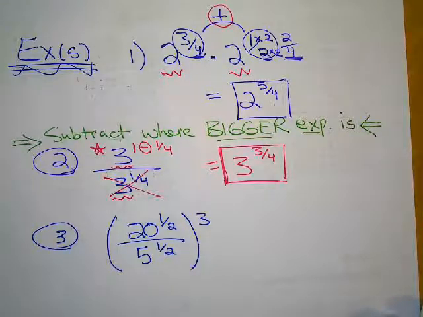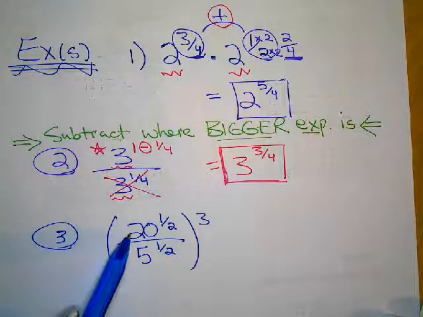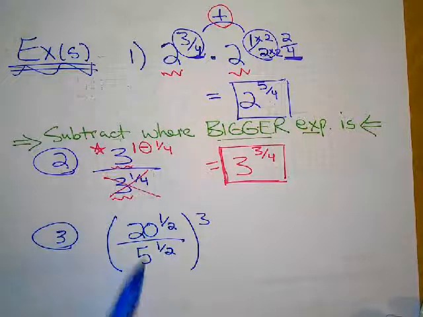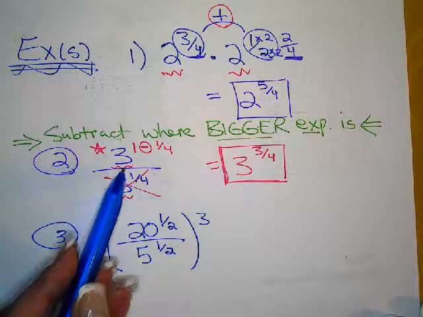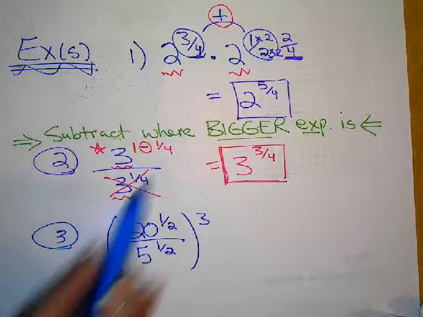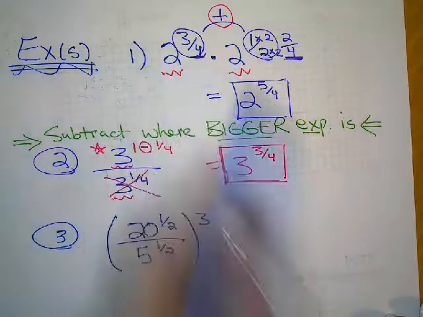Parentheses. But now if I look at what's in parentheses, I can't really say that I can subtract exponents because I have a 20 to the 1/2 power and a 5 to the 1/2 power. In order to use these laws, we have to have like bases.